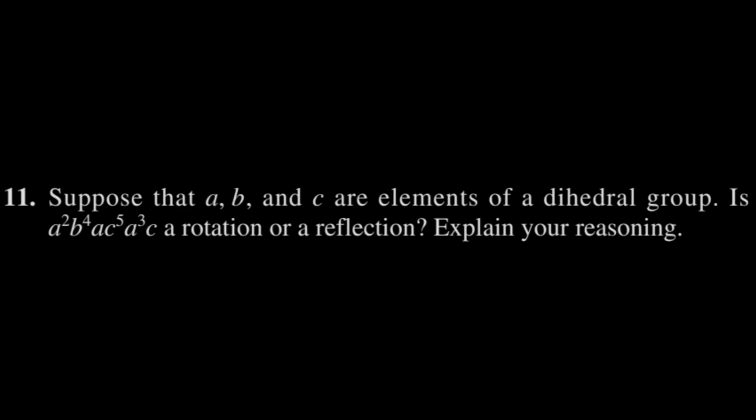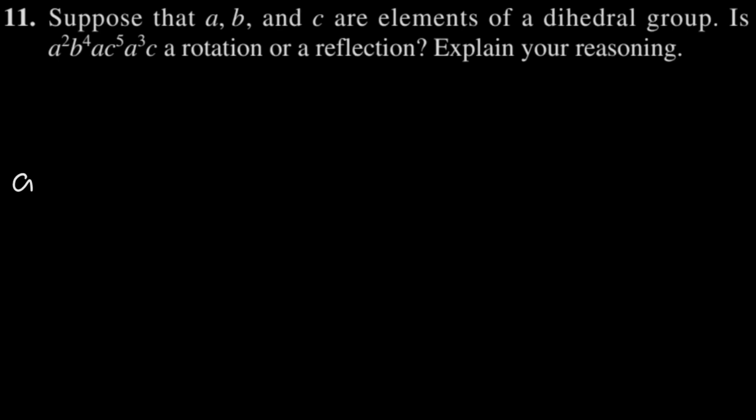Okay, so problem 11. Suppose that A, B, and C are elements of a dihedral group. Is A squared B to the 4th A C to the 5th A cubed C a rotation or a reflection, and explain. So this time A, B, and C could be anything. They could be a rotation or a reflection. So we could go back to using that same analogy, and we can actually rule out A squared and B to the 4th, because regardless of whether A and B are negative or positive, they'll still be positive.